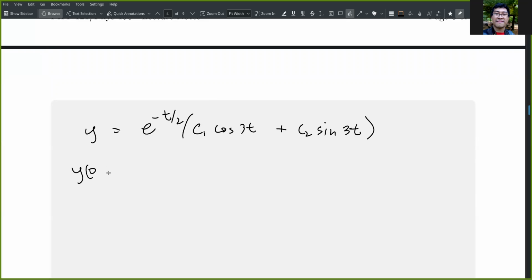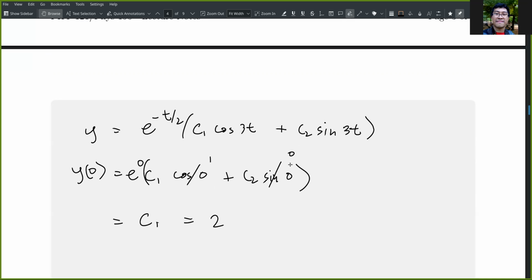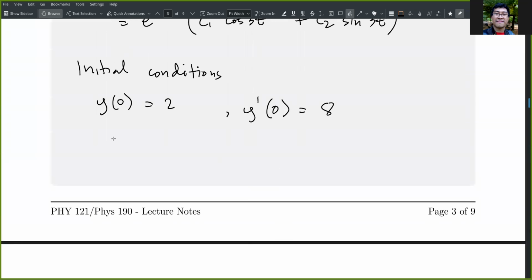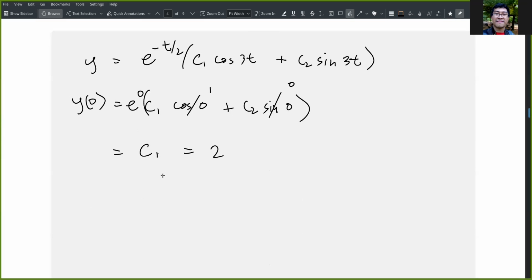So y at time t equals 0, the exponential becomes 1. You have c1 cosine of 0, let me write it explicitly, plus c2 sine of 0. Sine of 0 is 0, cosine of 0 is 1, so you have c1, and this is equal to 2. Therefore c1 is equal to 2.